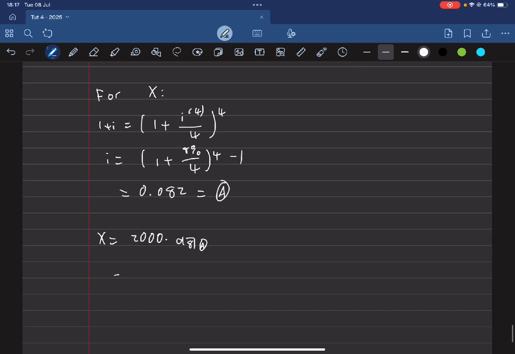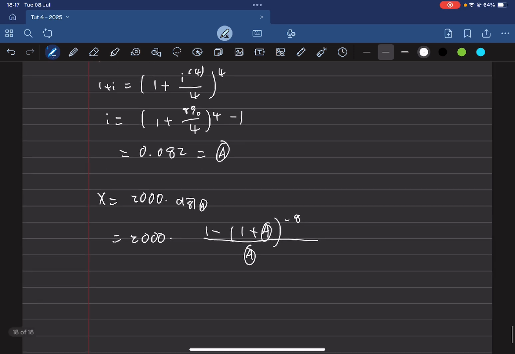So if we write the formula, it's going to be 2,000 times 1 minus 1 plus A to the power of negative 8, over A. And when we type that into our calculator, we should get 11,387.95, which we'll store as X.